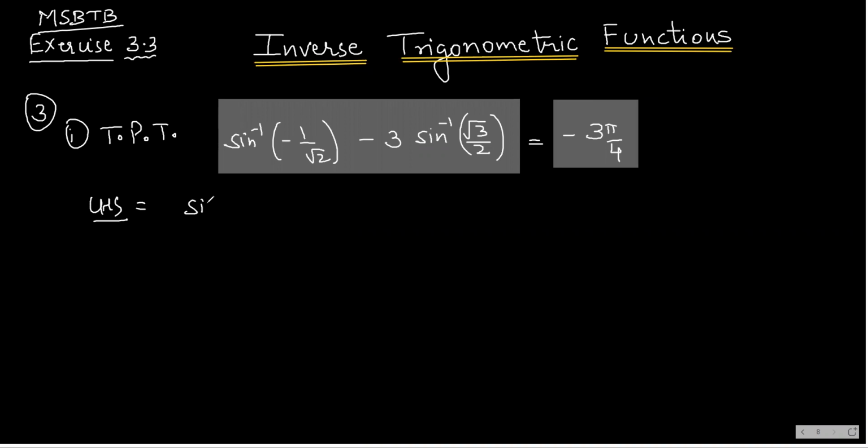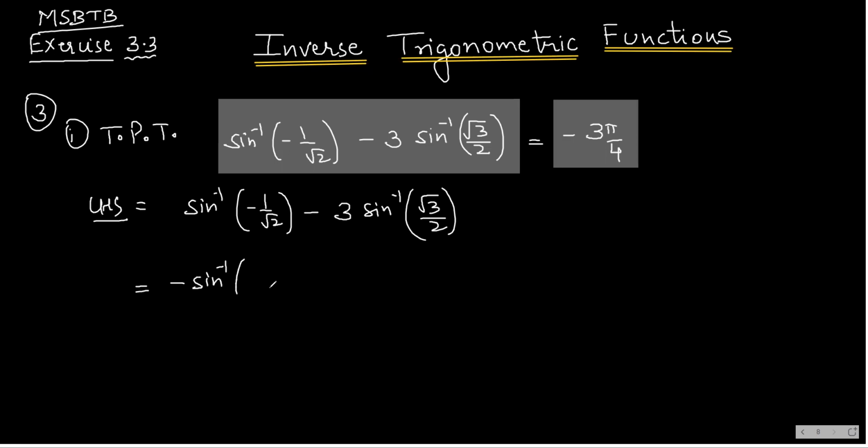Left hand side is sine inverse of negative 1 by root 2 minus 3 times sine inverse of root 3 by 2. So what will I write? Next step, sine inverse of negative x is negative sine inverse x. So this is minus sine inverse of 1 upon root 2 minus 3 sine inverse root 3 by 2.